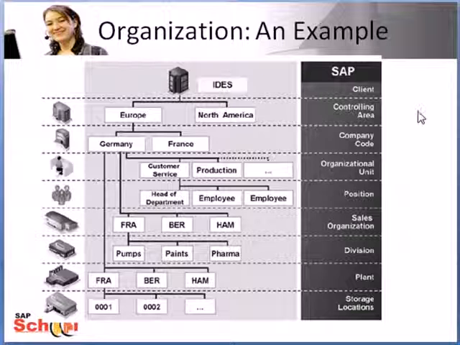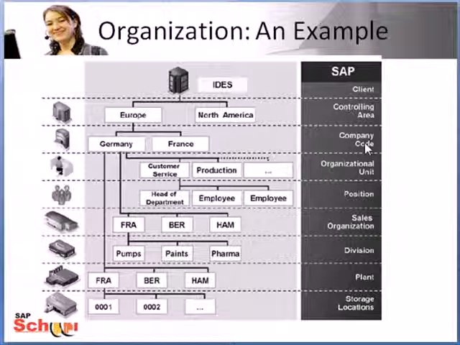So here is an example of how SAP's organizational elements are set up to map on to a real company. At the top of the hierarchy, you have the client. The client is the highest level element of all the organizational elements. It represents the enterprise, the headquarters, or the main group holding company. Below this is the company code.